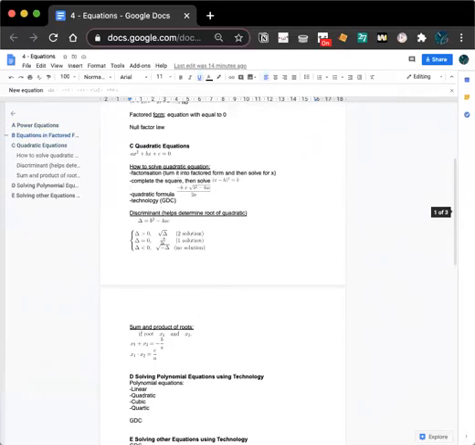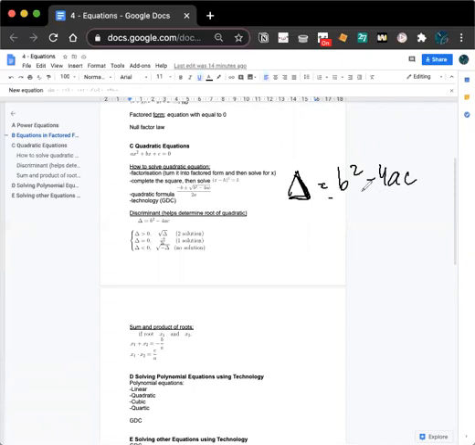Okay, so now you have discriminants. Discriminants are usually written as delta, and its formula is b squared minus 4ac.